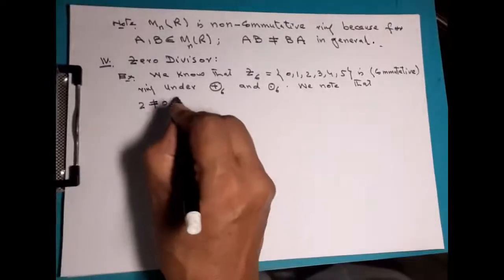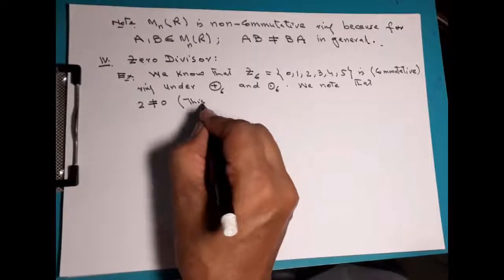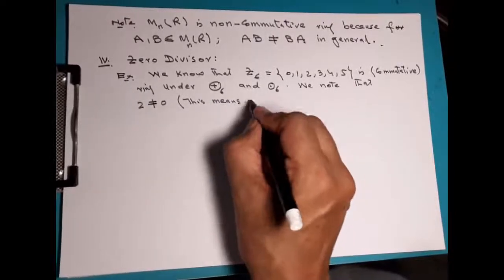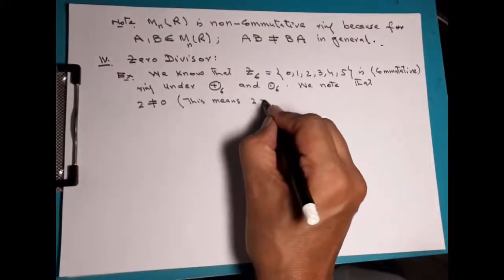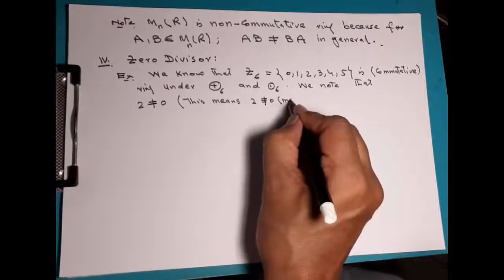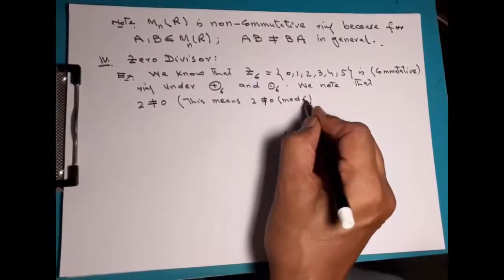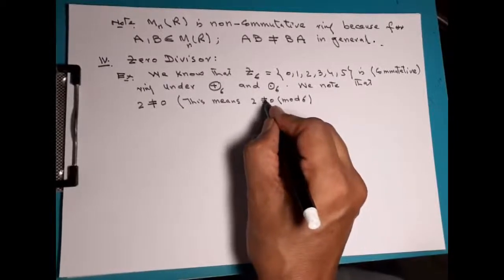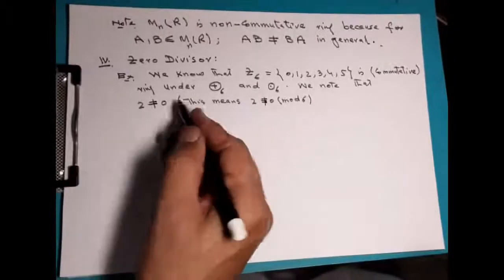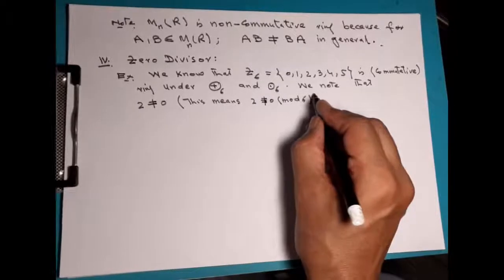Note that this means 2 is not congruent with 0 mod 6, which means that if we divide 2 with 6, the remainder will not be 0. So we know that 2 is not equal to 0.